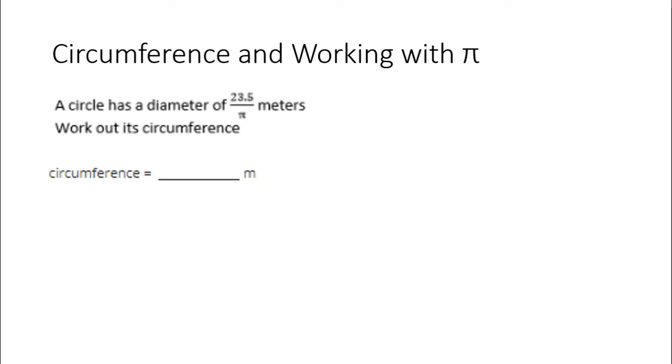Next, we're told the diameter of a circle is 23.5 over pi. Work out its circumference. This time I'm going to write the circumference formula that involves the diameter. So C equals pi times diameter. Knowing the diameter is 23.5 over pi, I'll just substitute that in. And I know that when I multiply any value by a fraction, we only need to multiply the top, because pi is the same as pi over 1.